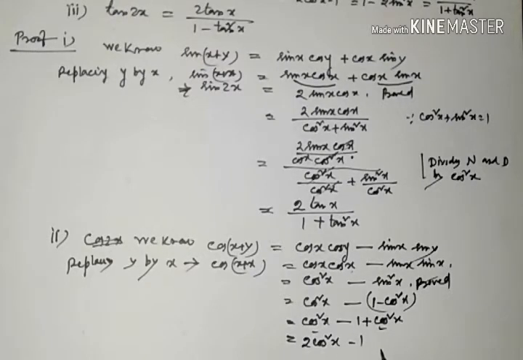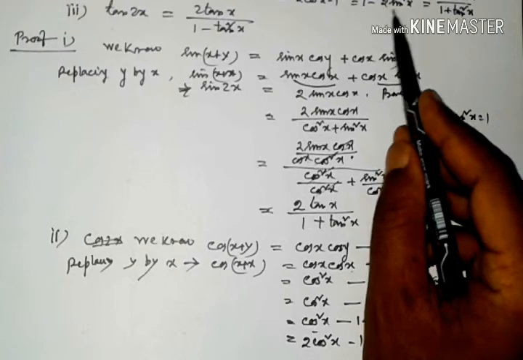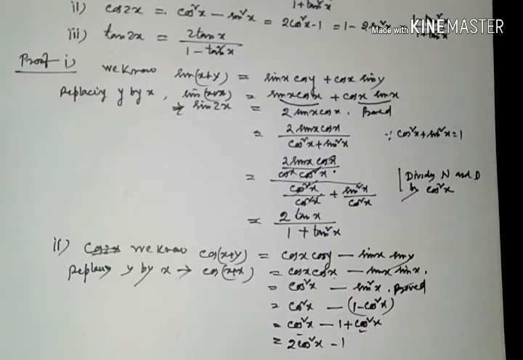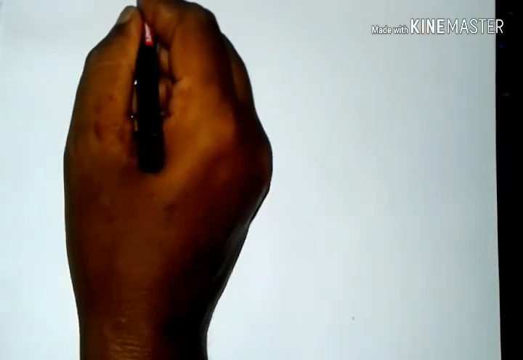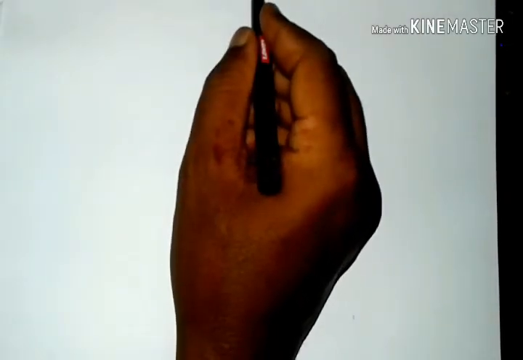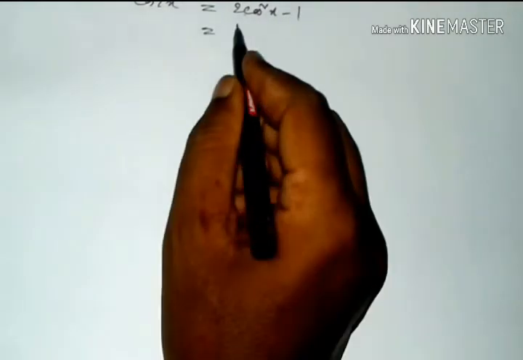From here also we can prove 1 minus 2 sin square x. We have got already cos 2x as 2 cos square x minus 1. Now we have to convert cos square x to sin square x.